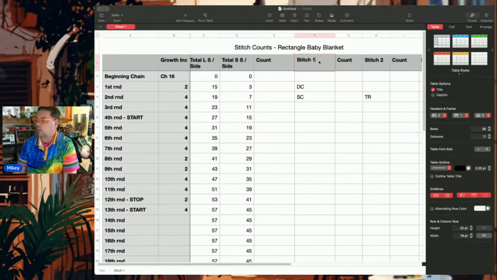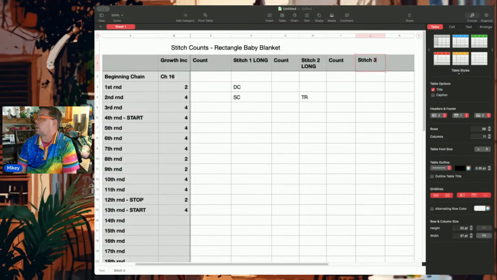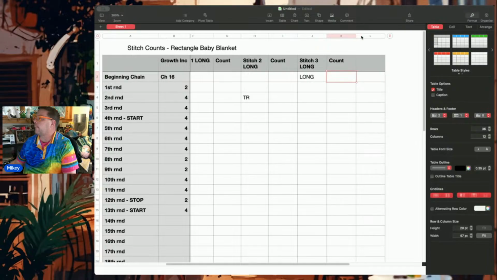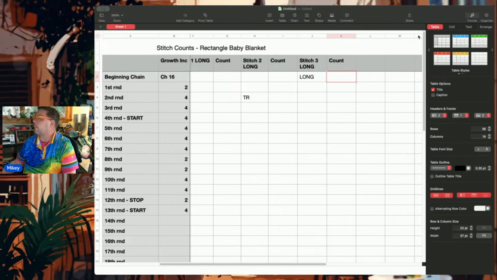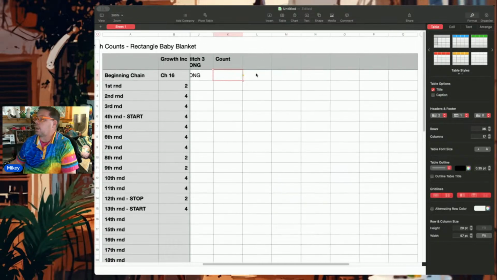Stitch 1 long, stitch 2 long, stitch 3 long, count. Rectangles are a pain in the ass.